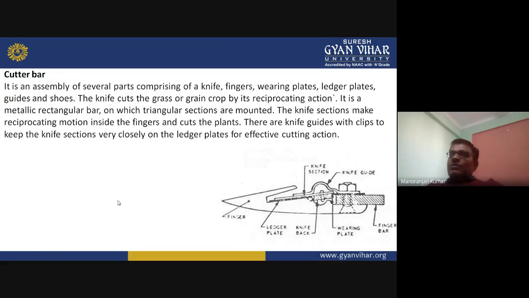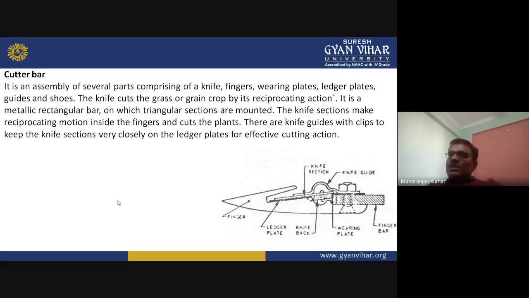The third part of this mower is the cutter bar. The cutter bar is the most important part of this mower. It is an assembly of several parts comprising knife, finger, bearing plate, ledger plate, guides, and shoes.